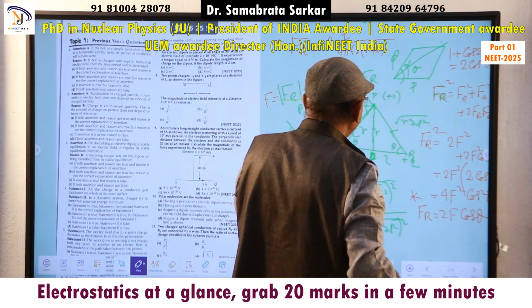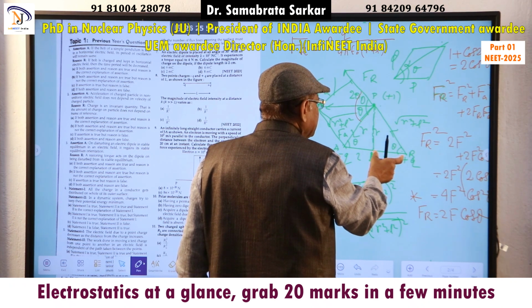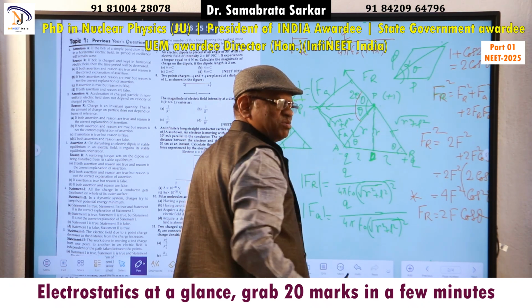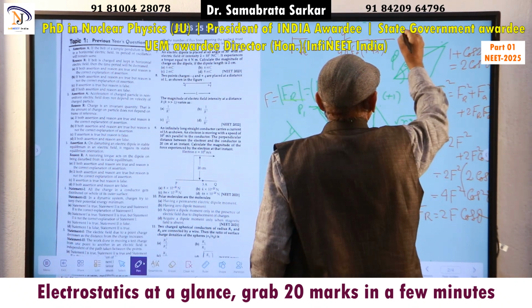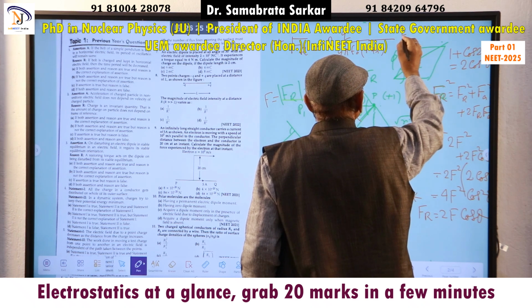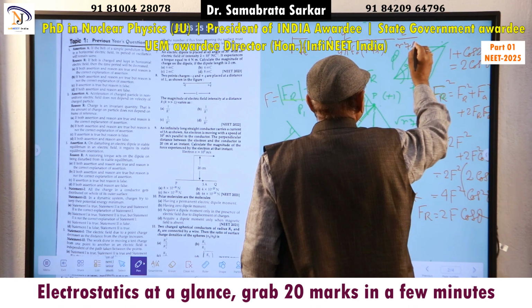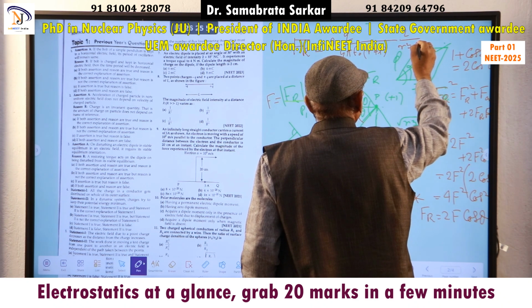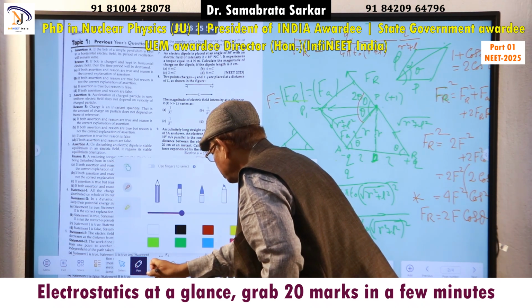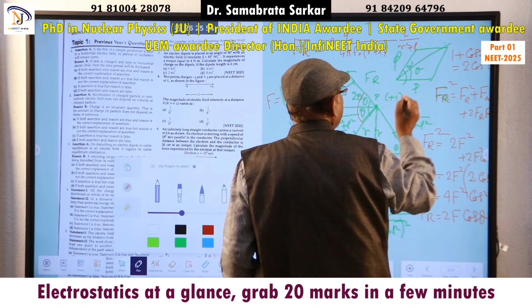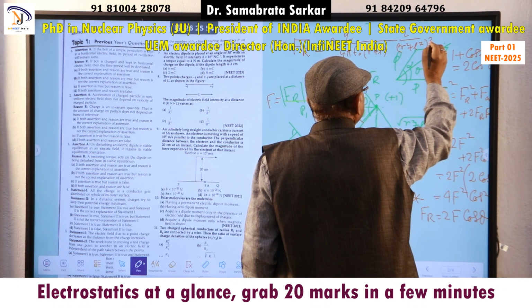And cos theta means base by hypotenuse. What is base? L is the base. Hypotenuse means r squared plus L squared to the power half.